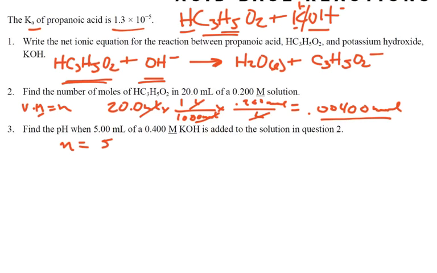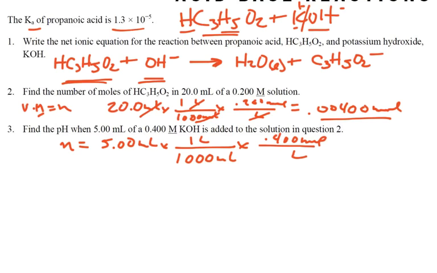So I have 5 milliliters, and I'm going to change that to liters and multiply that by its molarity, 0.400 moles per liter. Just like before, the volume times molarity gives me the number of moles, and this time I'm going to have 0.00200 moles, and this is my base, whereas before this was my acid.